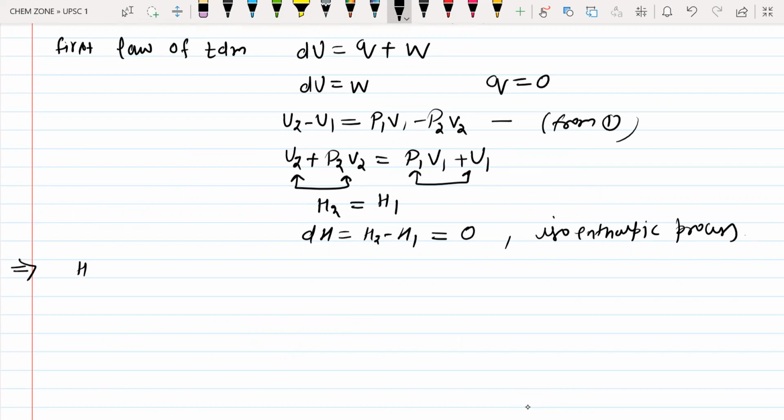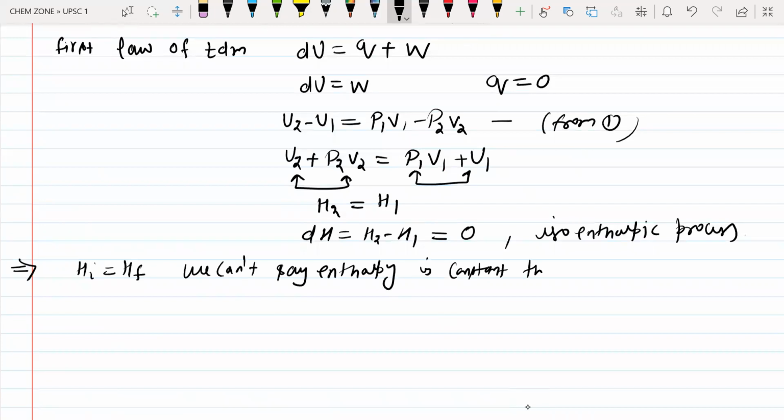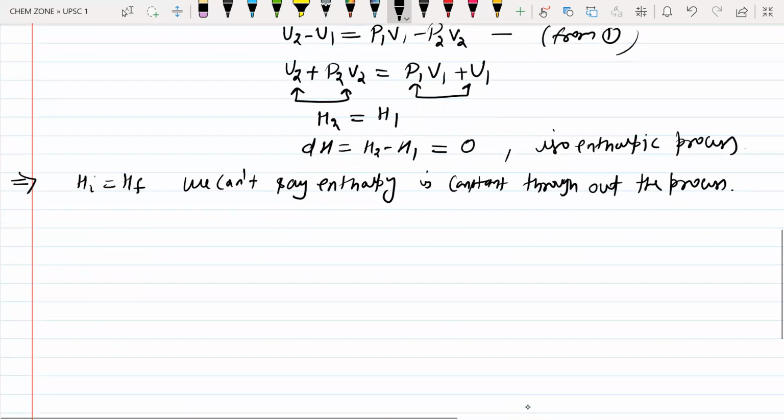Although we can say final enthalpy is equal to initial enthalpy, we cannot say enthalpy is constant throughout the process. This is the first important result related to the Joule-Thomson experiment.